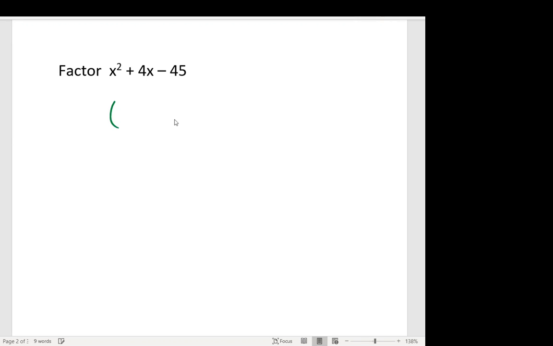Well, you can start just like you did before. You know you want to try to break this into two binomials. The only way to get the x squared is if the first term is x and the first term is x. Alright, well now, in order to get negative 45, what does that tell you about the signs? Well, a positive times a positive is a positive, a negative times a negative is a positive.